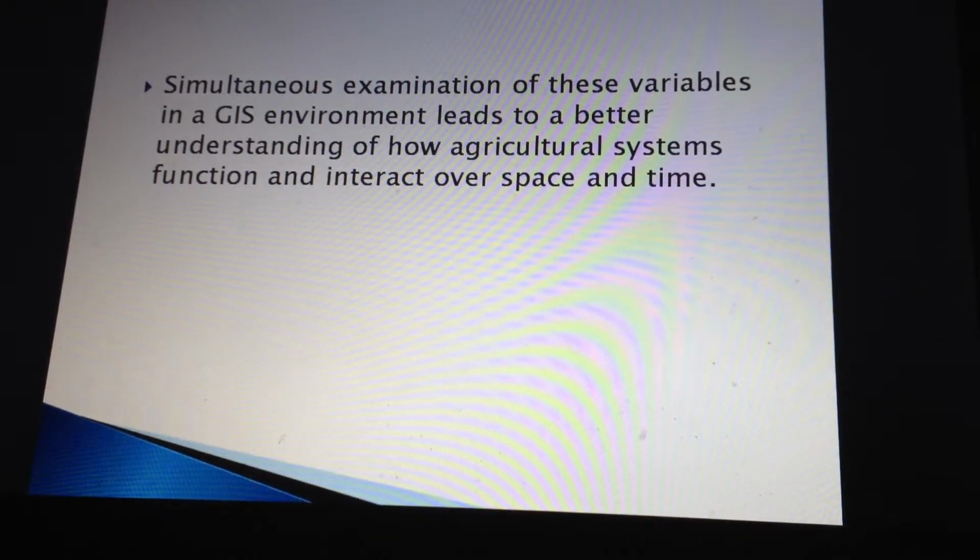Simultaneous examination of these variables in a GIS environment leads to a better understanding of how agricultural systems function and interact over space and time.